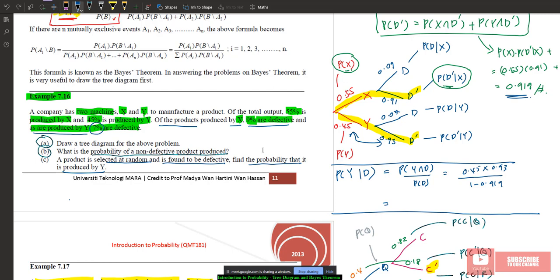So this one should be how much? 0.389. This is how we solve the problem.